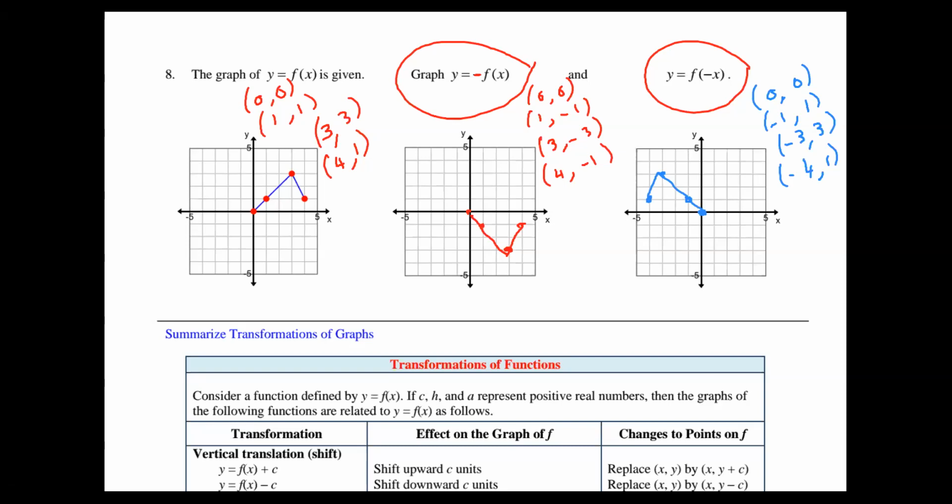Okay. So this is the reflection along the x-axis and this is the reflection along the y-axis.